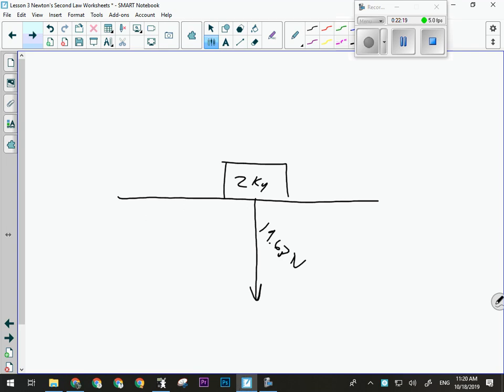But what does the object do? If I set it on the table, it's just going to sit there, which means the net force acting on it is zero. The only way for that to be true is if there's an oppositely directed and equal magnitude force acting upwards. That's what we call the reactive or normal force, Fn, and it is there because all forces act in pairs.